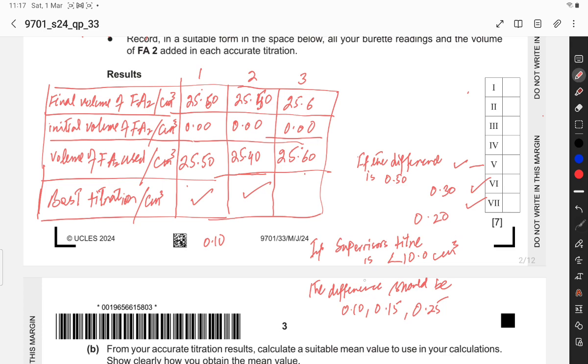If the supervisor's reading is of 10 cm³, the difference should be 0.10, 0.150, and 0.250. So it should not be more than this. Then you get these 6 and 7 marks.